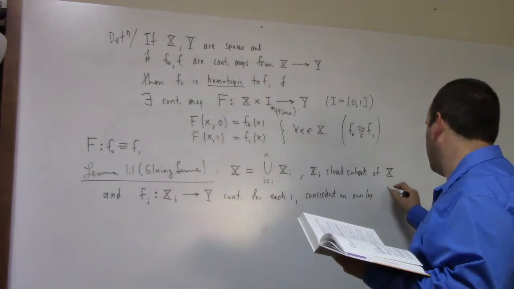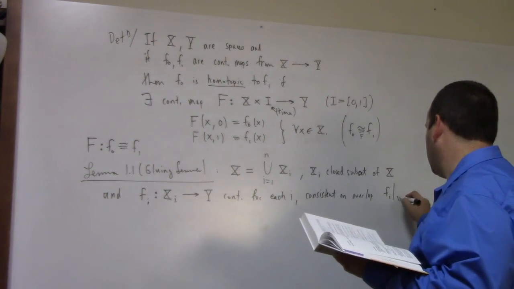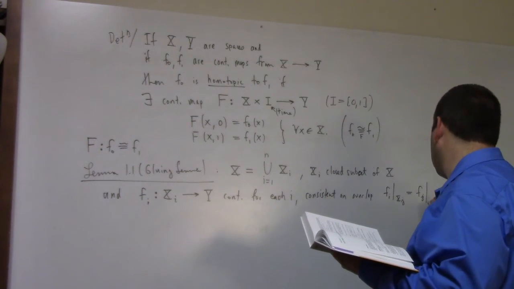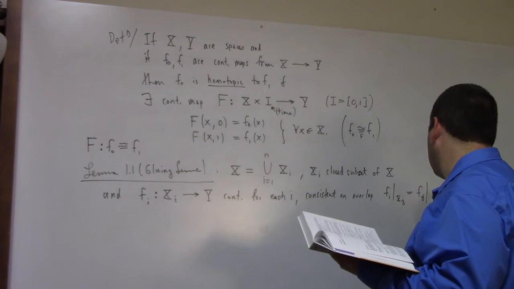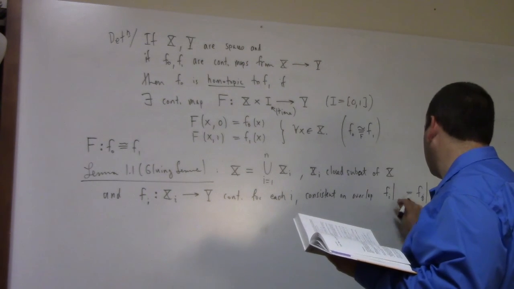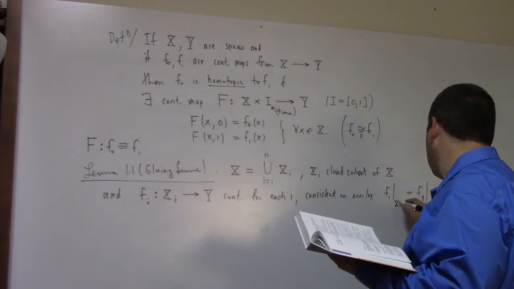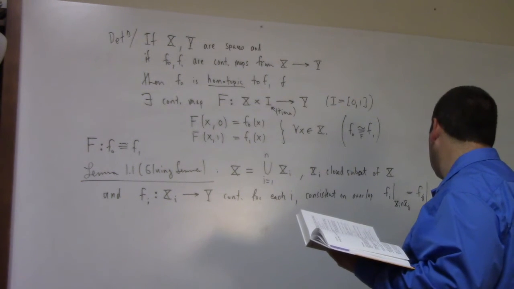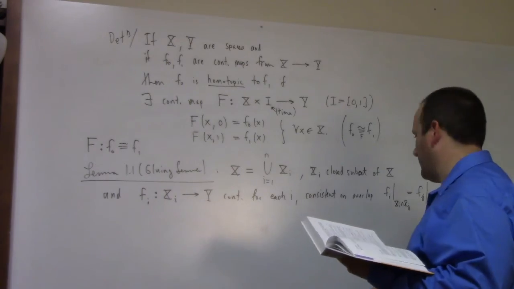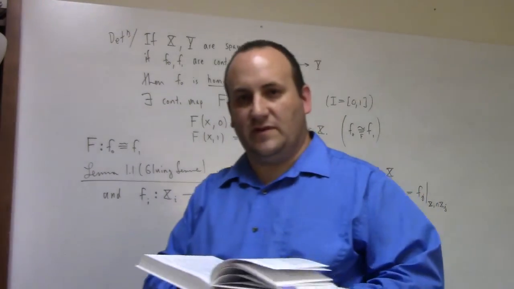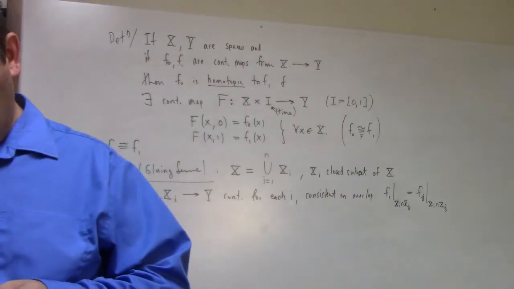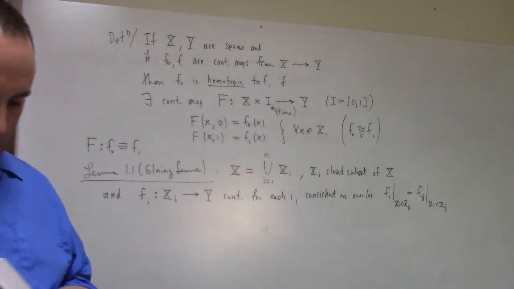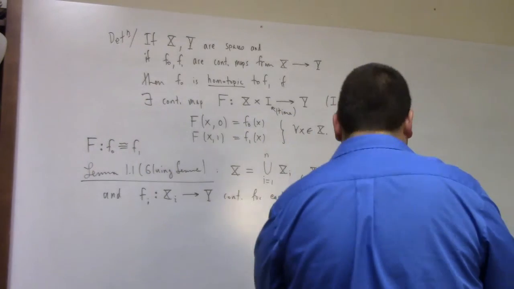In other words, if you take f_i restricted to X_i intersect X_j, it's equal to f_j restricted to X_i intersect X_j. I think that's consistency on overlap. Wherever there's an intersection, the restrictions agree. Then there exists a unique continuous f which restricts to these f_i's on the whole of X.